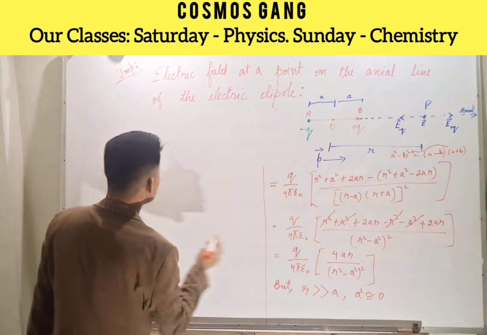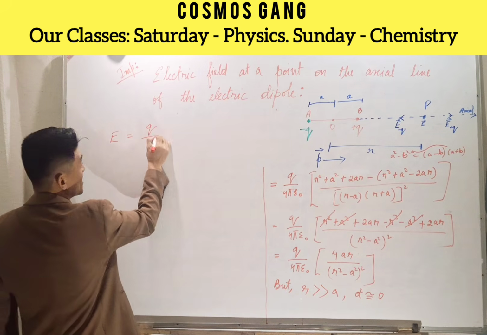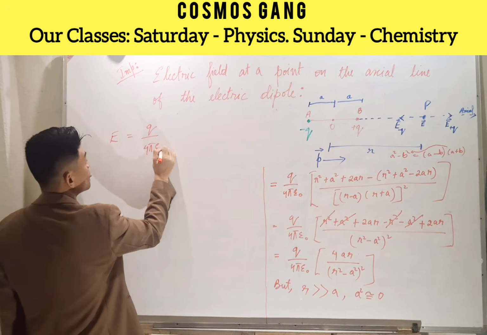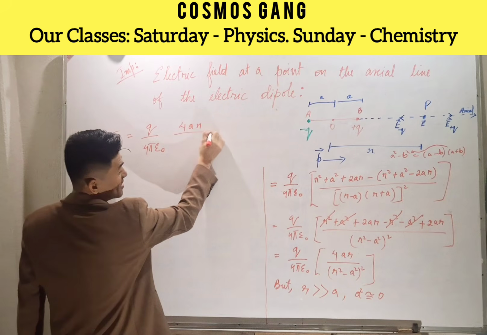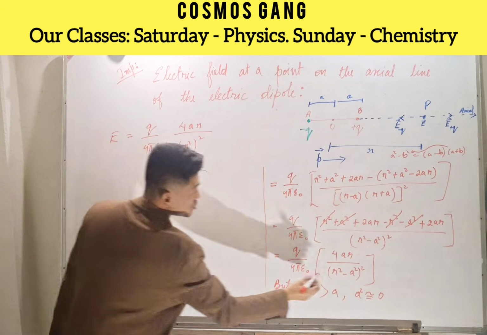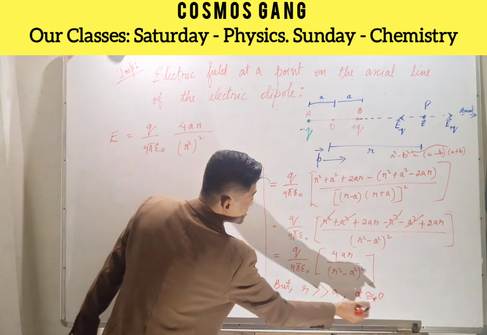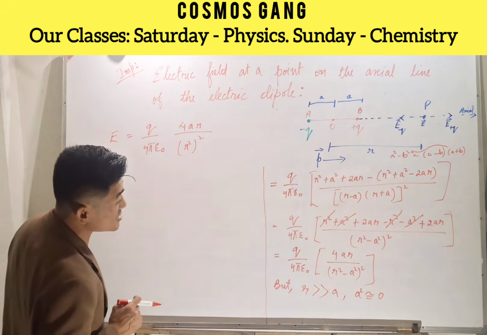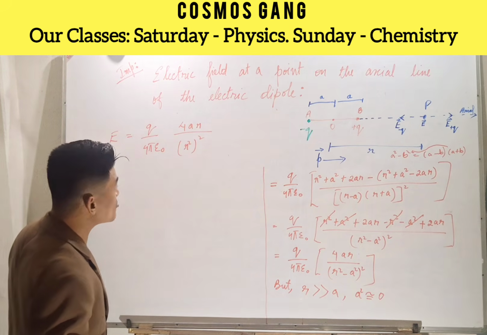Thus, the above term E becomes Q by 4 pi epsilon naught, 4AR divided by (R square) whole square, because we have neglected A square as equivalent to 0, since it is very small, and when we square it, it will be very near to 0.